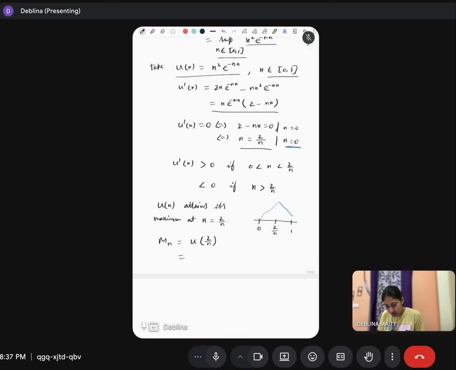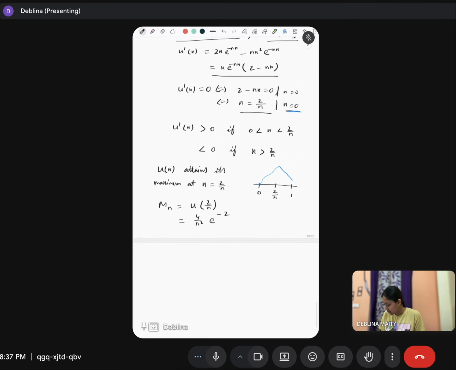So it is 4 by n square e to the power minus 2, so it is actually 4 by e square n square. Right?